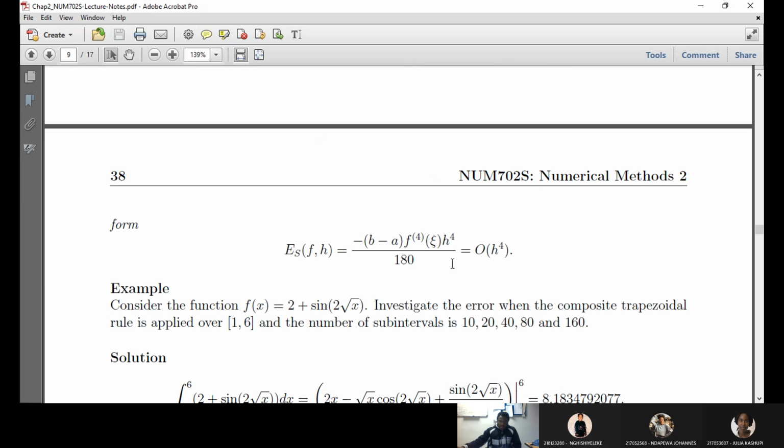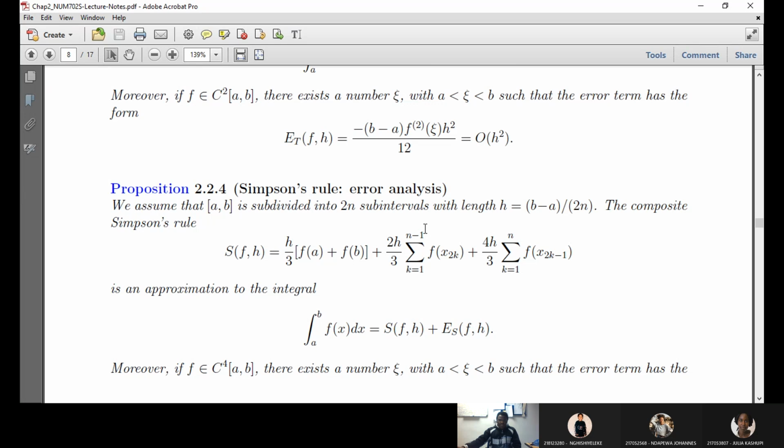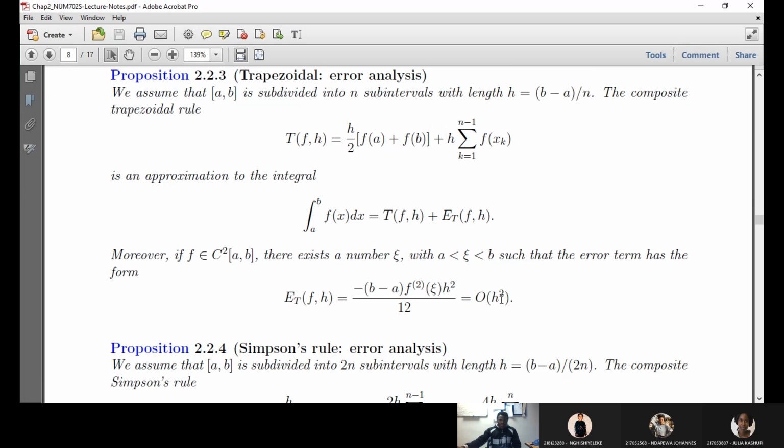So you can see that we have the fourth derivative, h to the 4th, the negative b minus a there, and we have 180. So the rule is fourth order accurate, you can see, whereas the other one is second order accurate here.